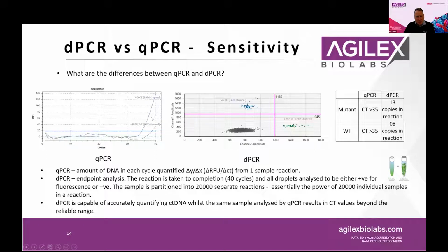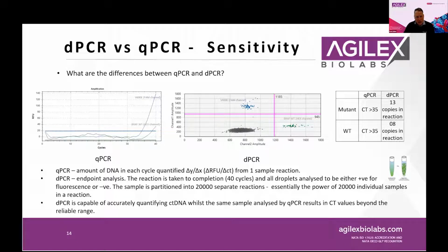Generally what you're looking at is your change in Y over change in X to identify the cycle threshold and calculate your abundance that way. So for an assay of this nature, qPCR isn't really sensitive enough to be able to do it on its own.